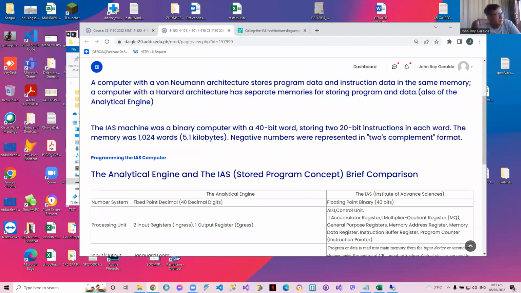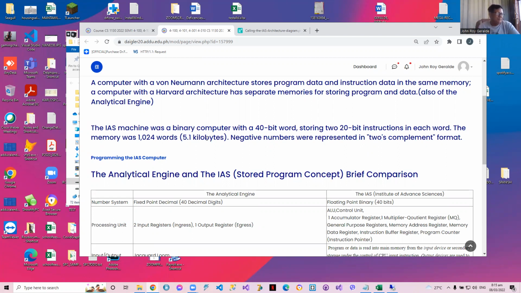Negative numbers were represented in 2's complement form. We will define how that is done and how to compute it later, when we study in our future sessions, okay?